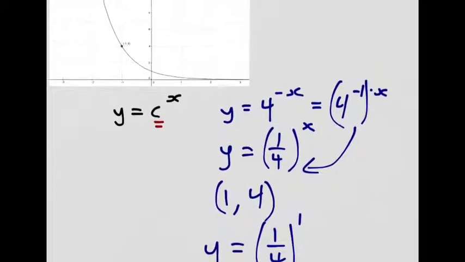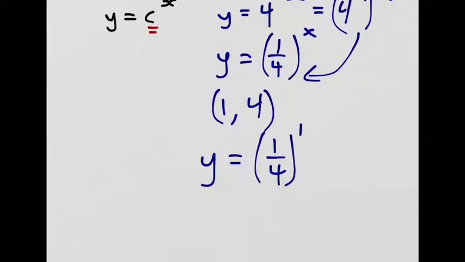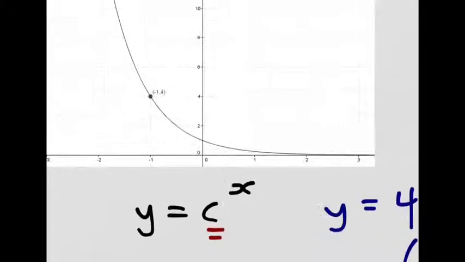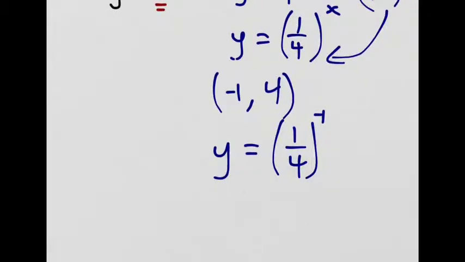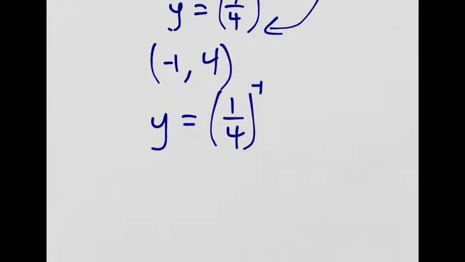Oh, sorry, it's negative 1, 4. The point is (-1, 4). So this should be like that. There we go. Now it works. So this negative exponent flips this fraction over, and we get 4. So they check out.